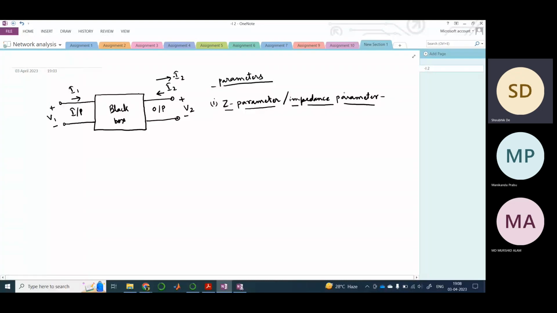Basically in a two port network, we don't know what is inside the black box.